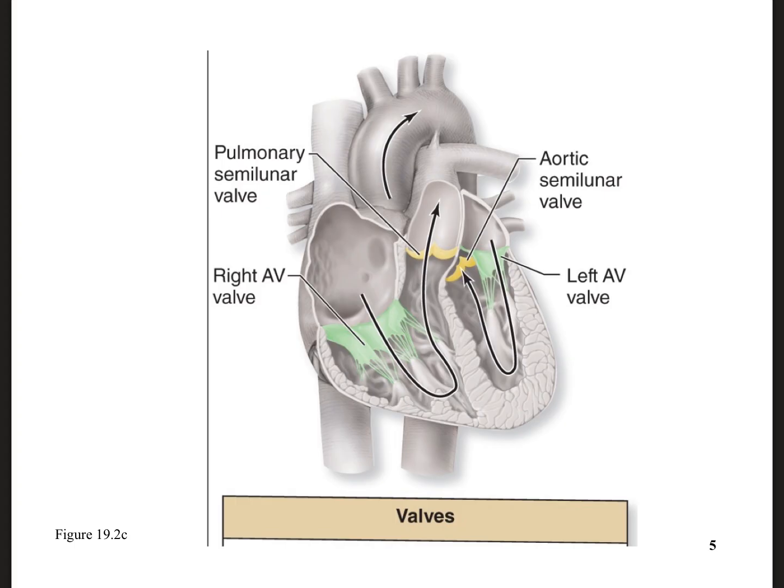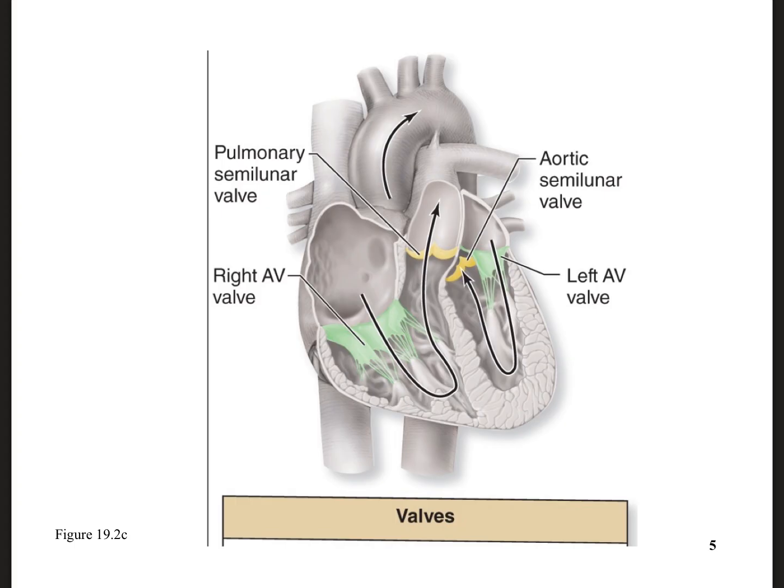So when they're closed, right, blood does not go from the ventricle to the atrium. When those valves are open, blood can flow from the atria into the ventricles. Okay? Always from one direction. It should never go from ventricle to atria. If it does, that's a physiological problem of the heart. Okay? And there's a number of different conditions where that does occur.